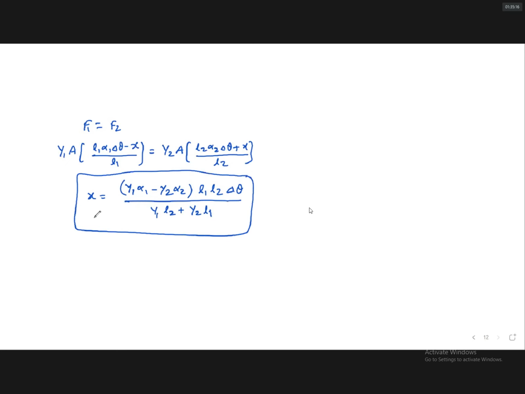If L1 and L2 are equal, some L0, the X value we get is Y1 alpha 1 minus Y2 alpha 2 into L0 into delta theta by Y1 plus Y2.